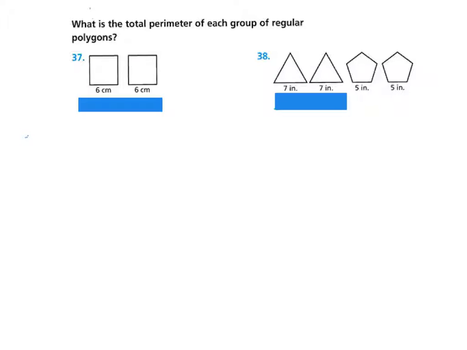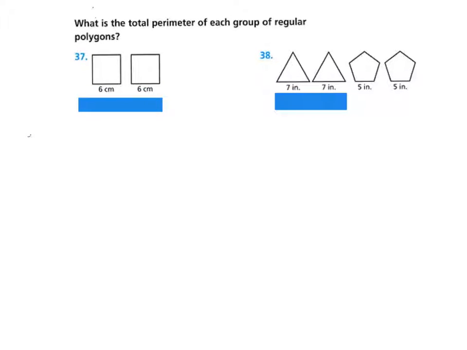Alright, the last thing we'll be talking about is finding the perimeter of regular polygons. In this case, we have a group of regular polygons. So just like the perimeter for any other shape, we're going to take one side and calculate how many there are. This is a 4-sided shape and the side is 6.